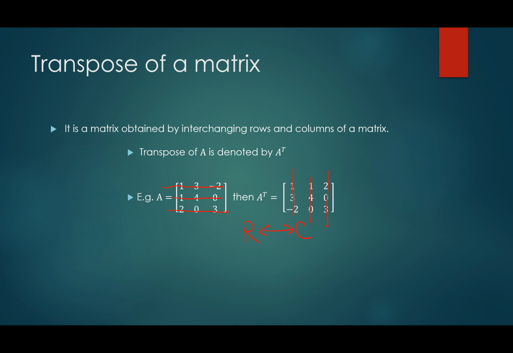This kind of matrix, which is obtained by interchanging rows and columns of a matrix, is called the transpose of a matrix. How do we denote it? Suppose matrix A is my original matrix, then the transpose of the matrix is written as A power T, T in capitals. You got this point? Remember, the transpose of a matrix is obtained by interchanging rows and columns. Very simple.